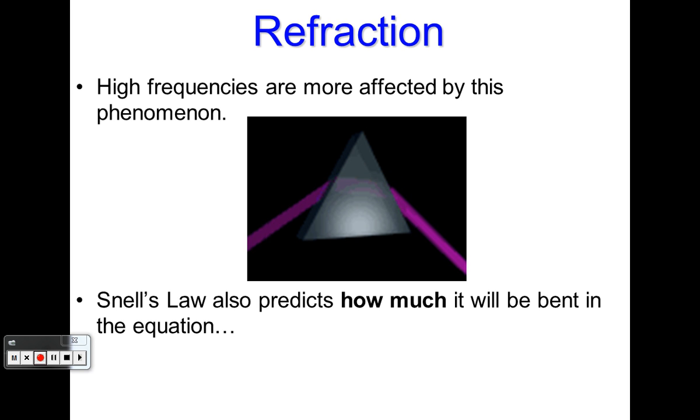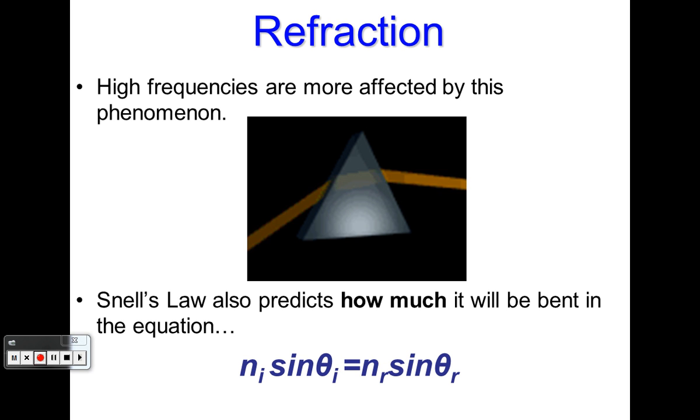Well, Snell's law also can calculate how much an object bends using this equation. What does our N stand for? Our optical density. What does our I stand for? Incident. Then we have theta, which is our angle of incident, equals the optical density, R, what does R stand for?